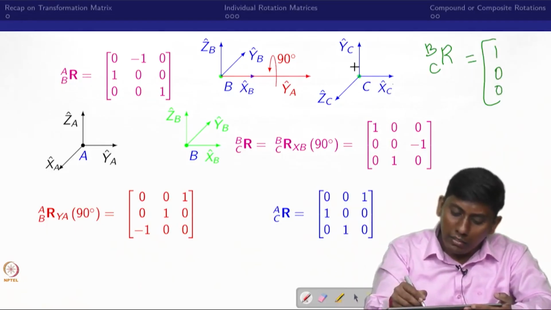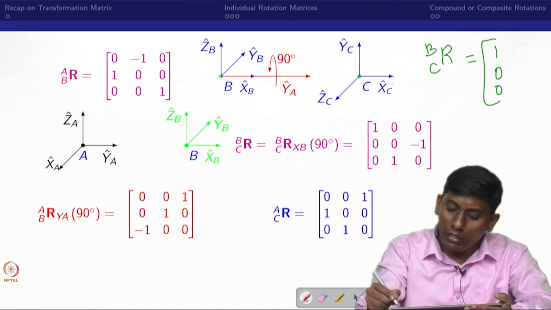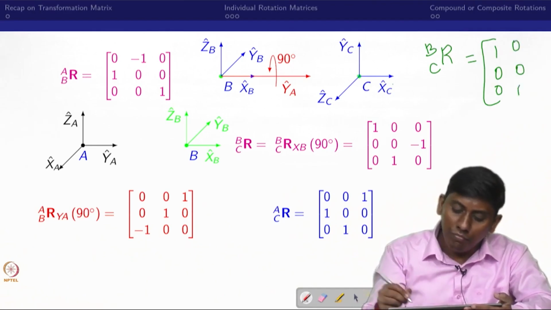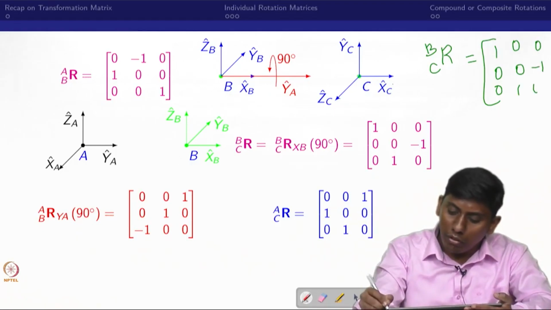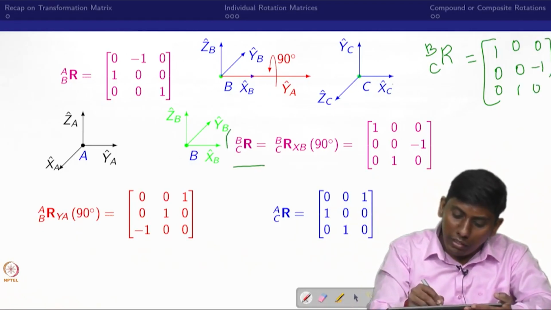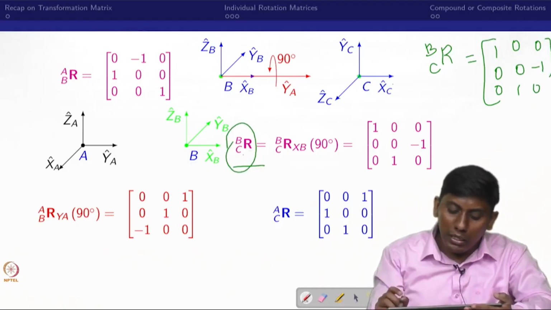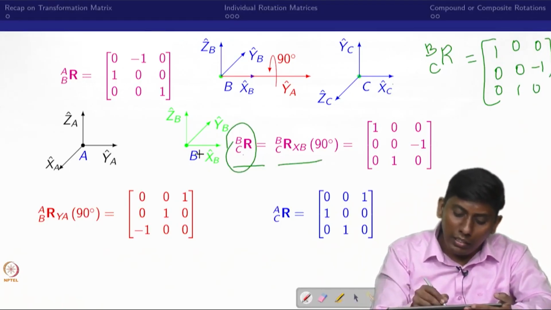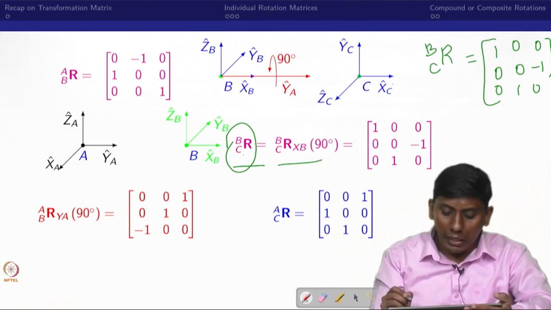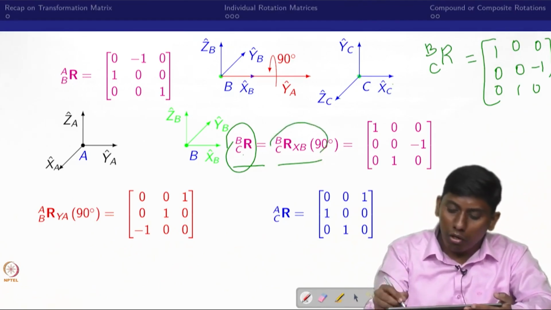Y_C is projected on Z_B, so in the sense 0 0 1, and Z_C is projected on Y but opposite, so it is 0 -1 0, right. So this is what we have written as R_CB, the rotation matrix of C with respect to B, but what rotation did we do here with respect to X_B? In the sense you can recall what that would be.